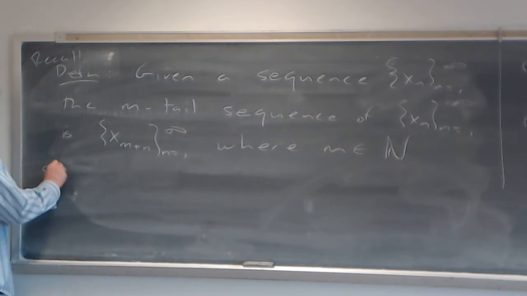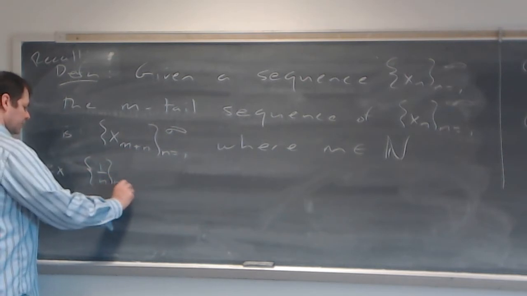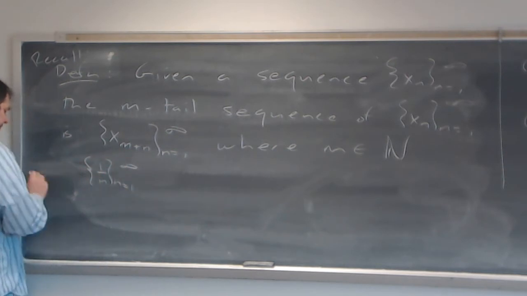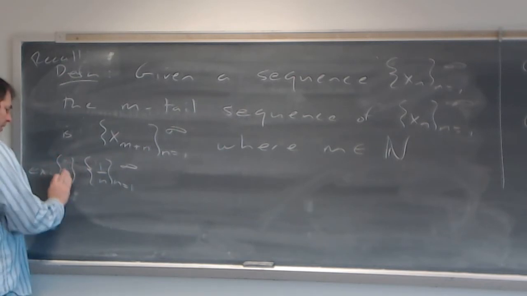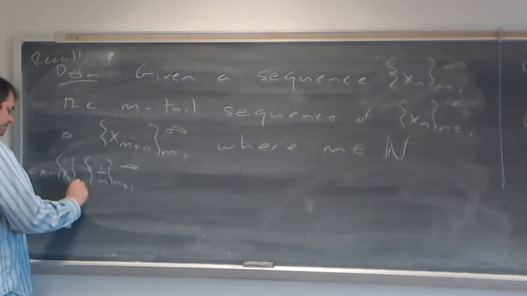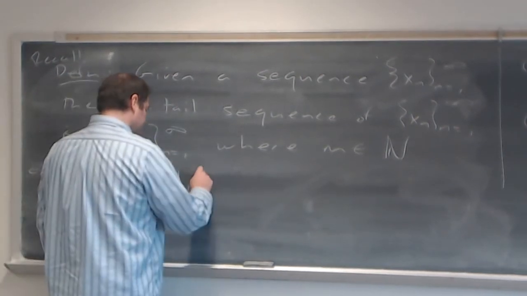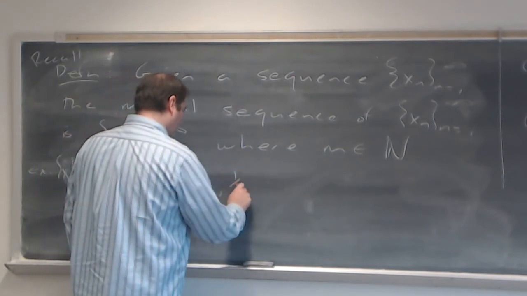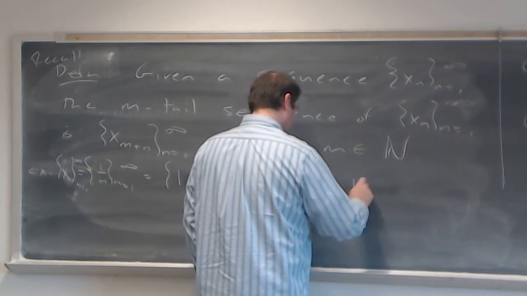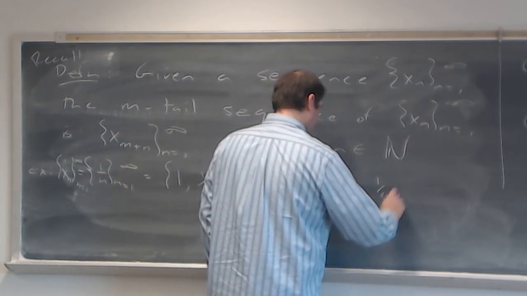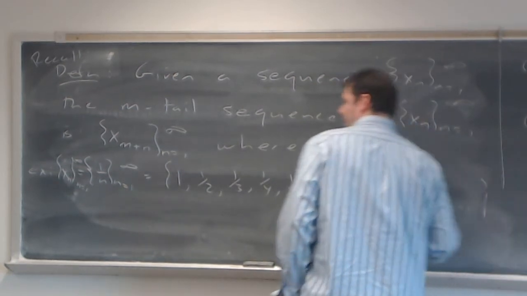And as an example, if I look at the sequence 1 over n, as n runs from 1 to infinity, if I think of that as my sequence x sub n, this is 1, 1/2, we did this before, 1/3, 1/4, 1/5, 1/6, 1/7, 1/8, 1/9, 1/10, and so forth.